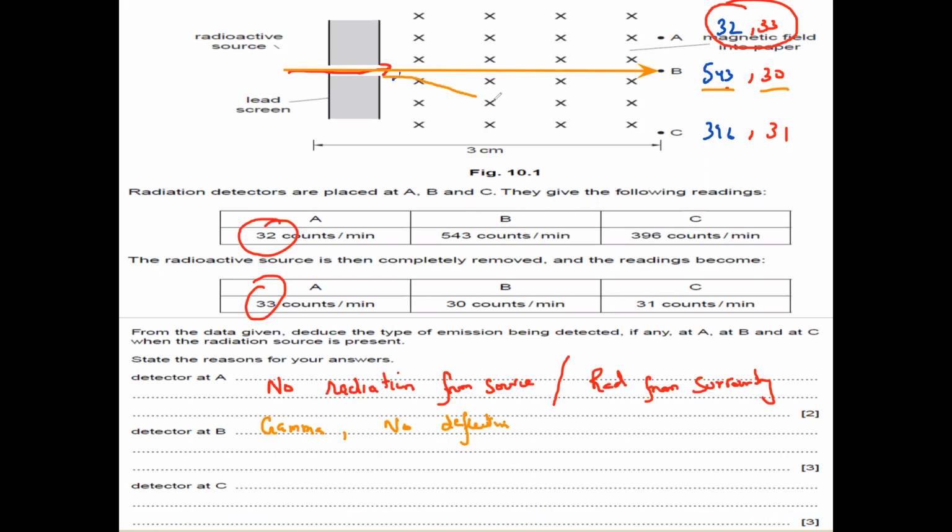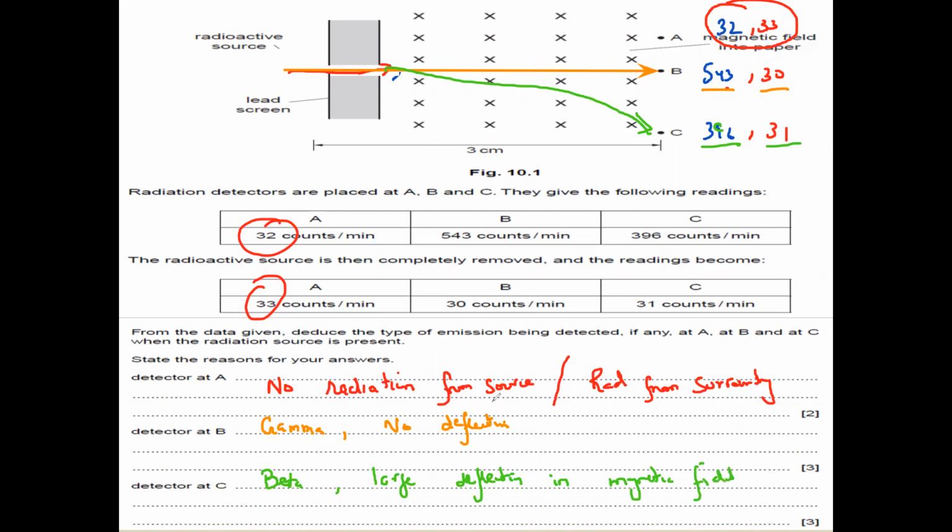And what about C? You can observe it's a large deflection. Before it was 396 and now it is 31. So at C, which radiation do we detect? We detect beta radiation. And what is the reason? Because this shows a large deflection in the magnetic field, and there is a change in the counts with and without source.